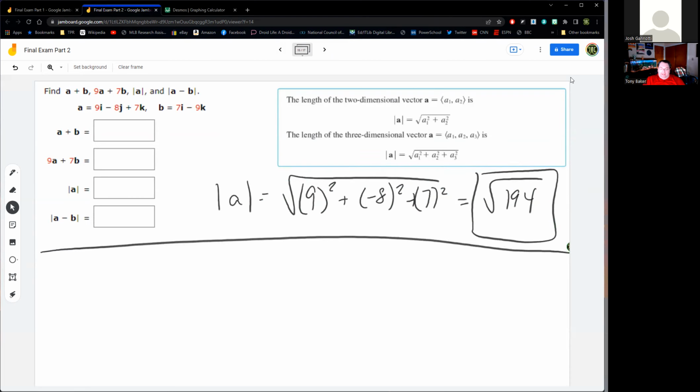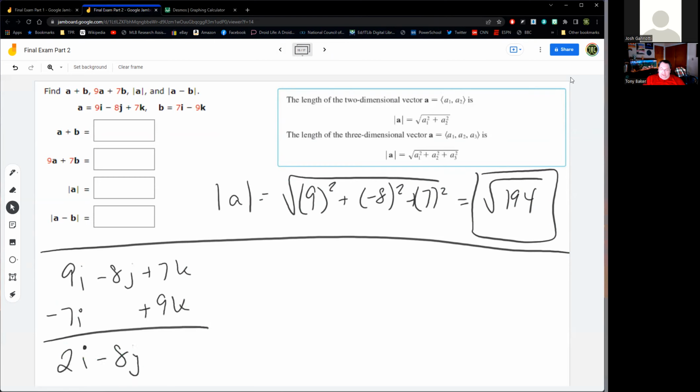When you're doing the length of a minus b, do a minus b first, and then do the length of it. So we've got 9i minus 8j plus 7k. Then I've got negative 7i plus 9k. So I've got 2i minus 8j plus 16k.